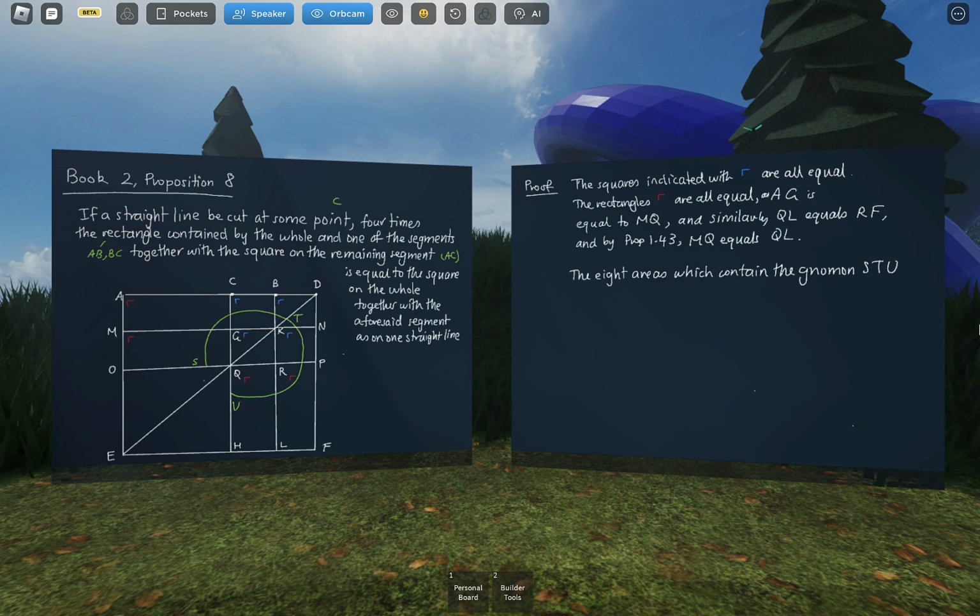Well, so it's clear if we count them up that if we look at the area AK, which is one of the reds plus one of the blues, if you take 4 times that, you have 4 reds and 4 blues. So that's the gnomon STU. So the 8 areas which contain the gnomon STU are quadruple AK.